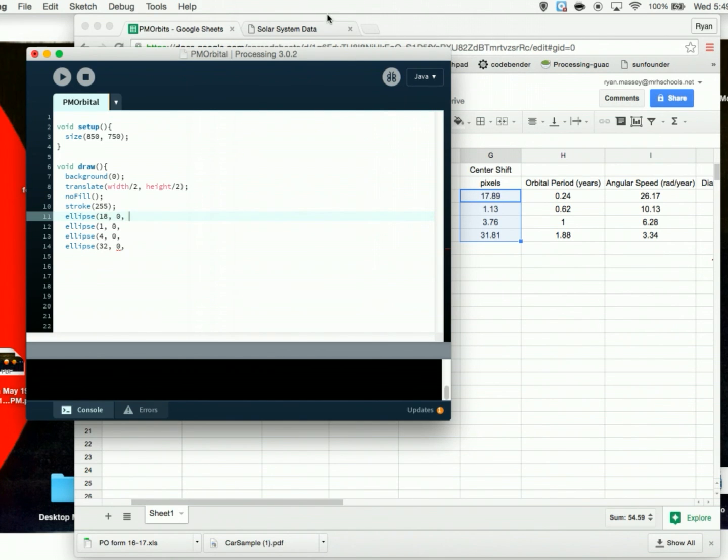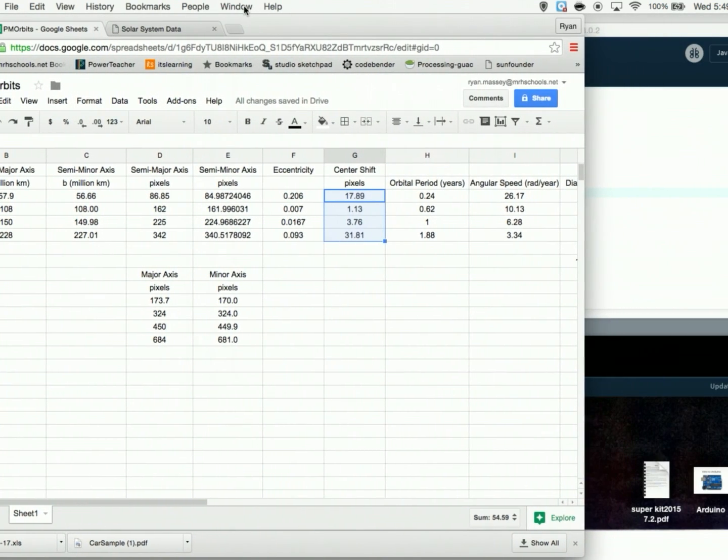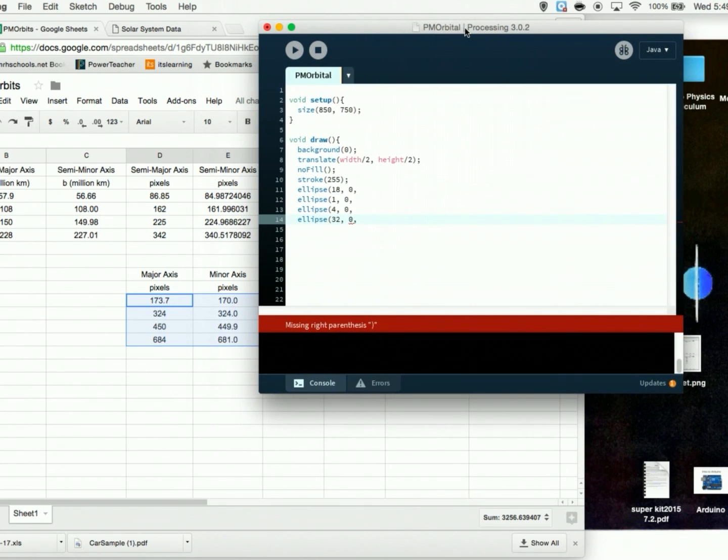Next we need the major axis and minor axis in pixels. So for Mercury, we have 174. I'm going to round to whole numbers here. And 170.